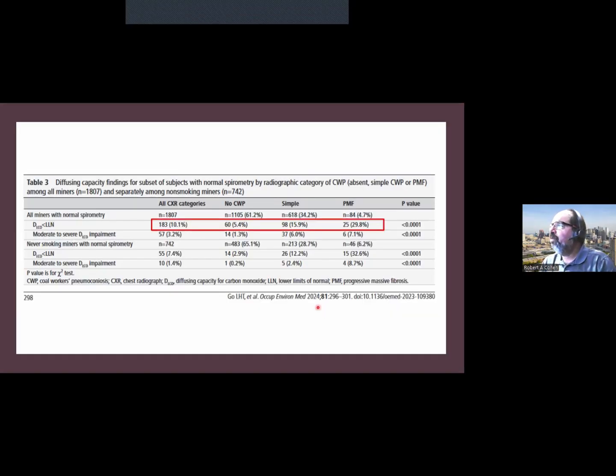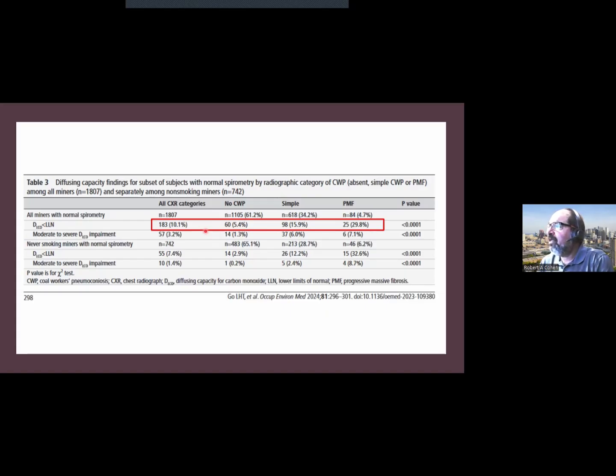And then for people that had normal spirometry, we took out all those folks that had normal spirometry just to identify what diffusion capacity adds to the evaluation of workers beyond spirometry.